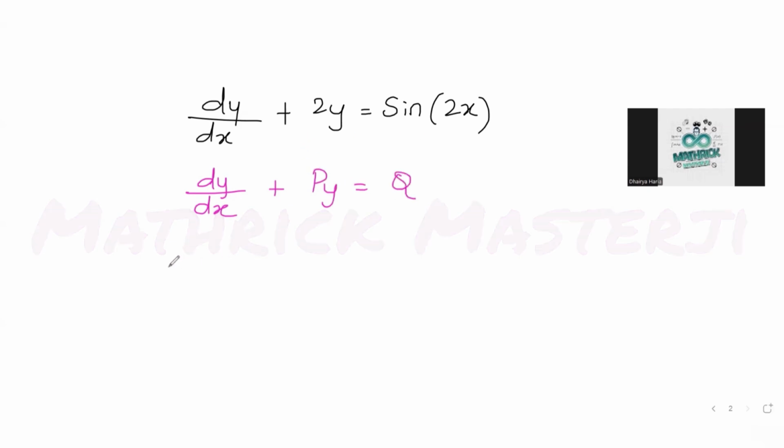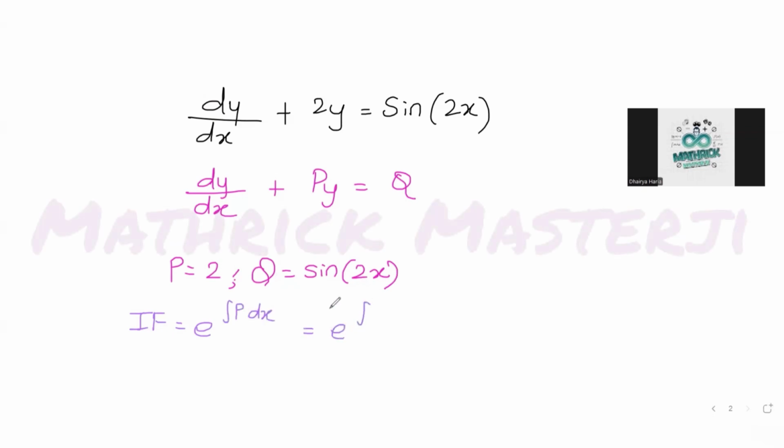So if I compare them, p is just 2 and q is sine of 2x. Now, the integrating factor is given by e raised to integral p dx, that is e raised to integral 2 dx. So from here, I get e raised to 2x.